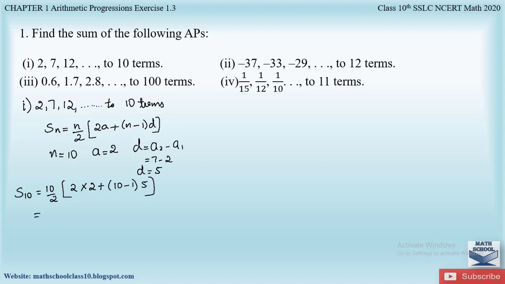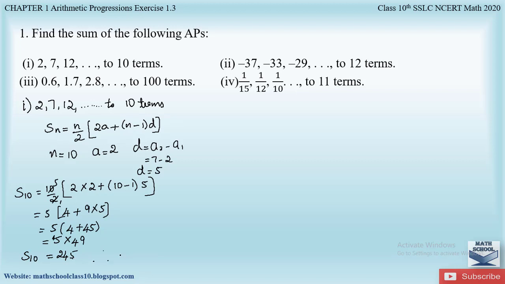What is 10 by 2? 2 1s are 2, 2 5s are 10, so it is 5. Substituting in the bracket, 2 2s are 4 plus 10 minus 1 is 9 into 5. 9 5s are 45, so 4 plus 45 is 49. So 5 into 49 will be 9 5s are 45, 5 4s are 20, plus 4 is 24. So it is 245. Therefore the sum of the 10 terms is 245.